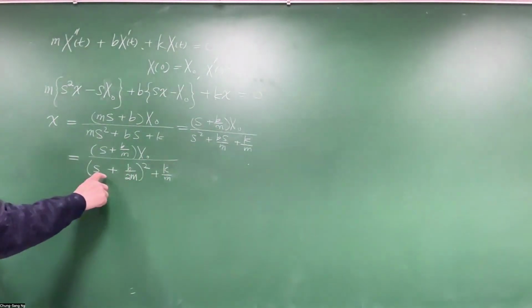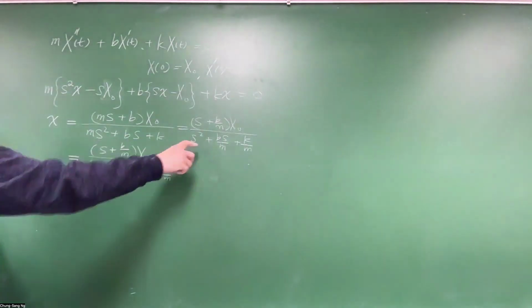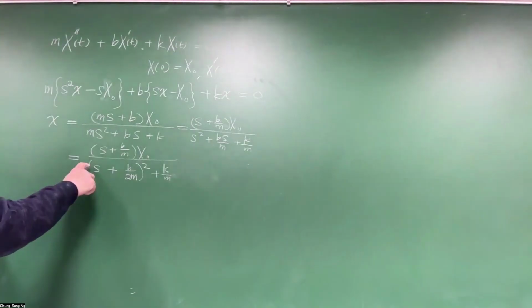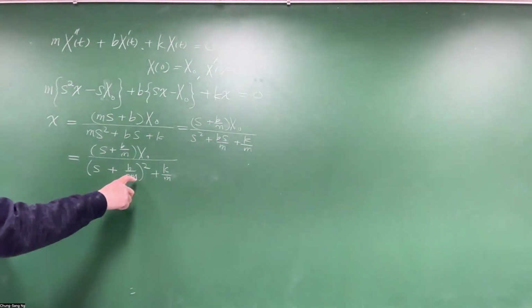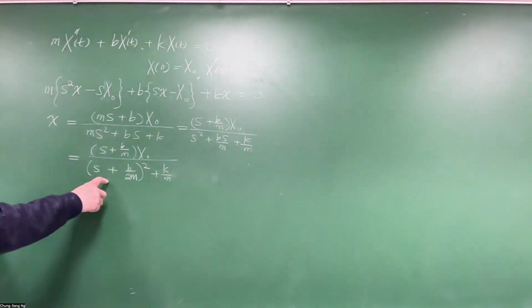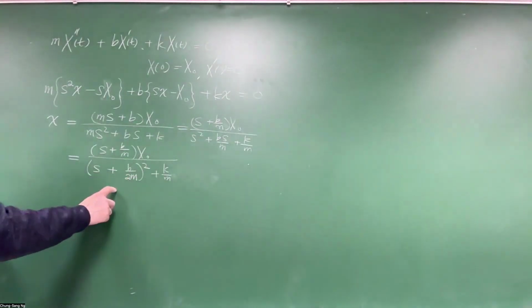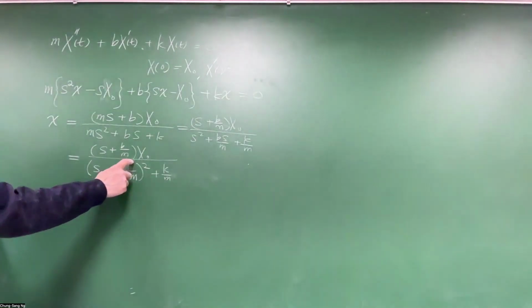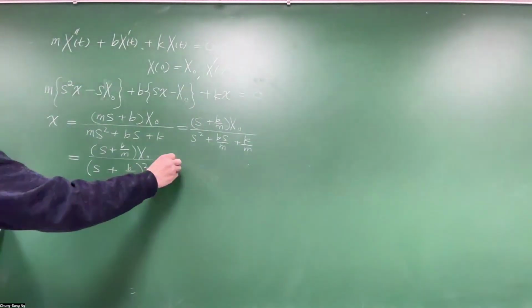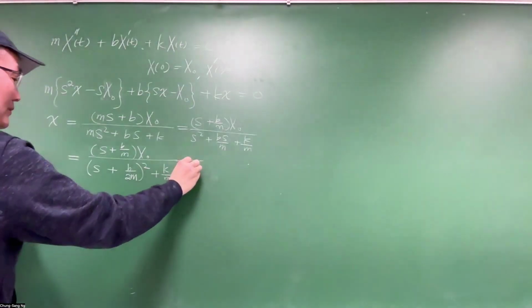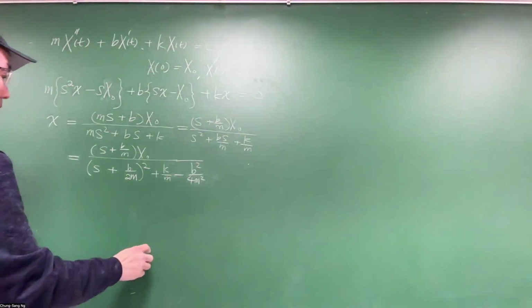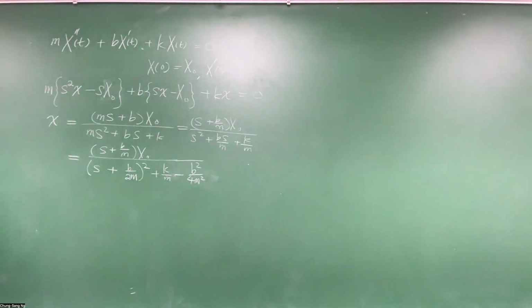That makes the middle term 2s times this, which is s b over m. And if you do this, you add the square term, so you need to subtract the square term: minus b squared over 4m squared. Not too bad.